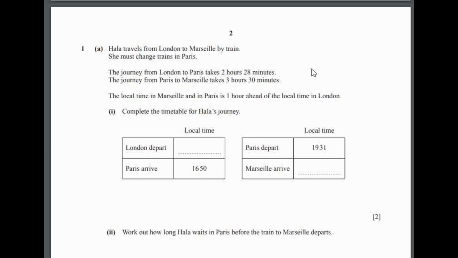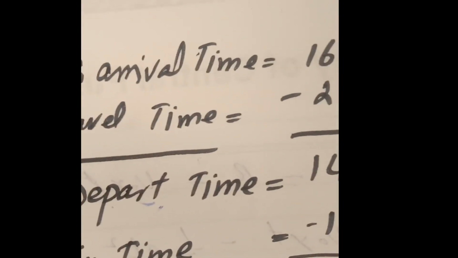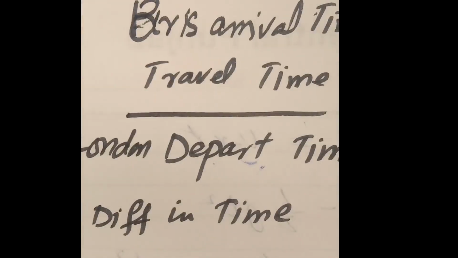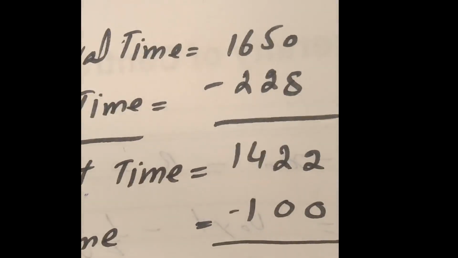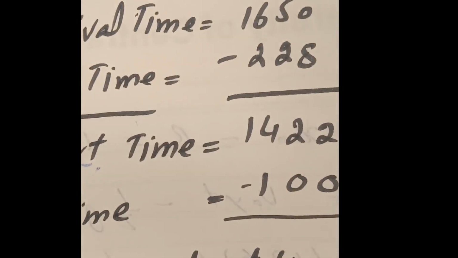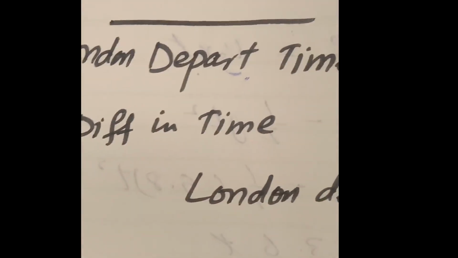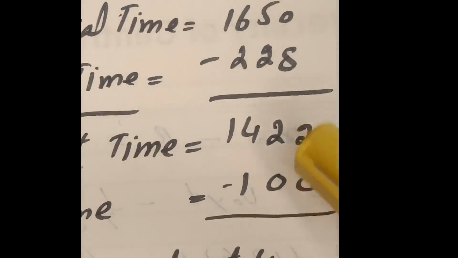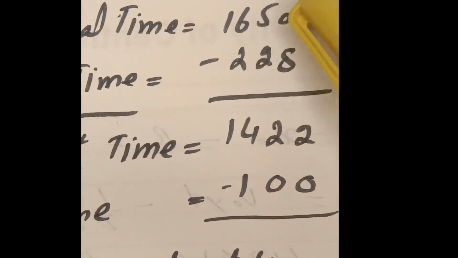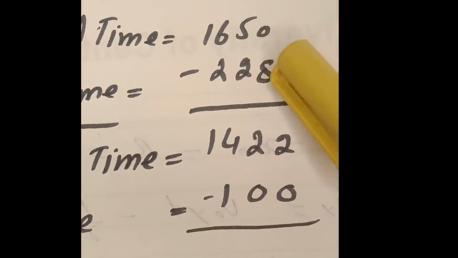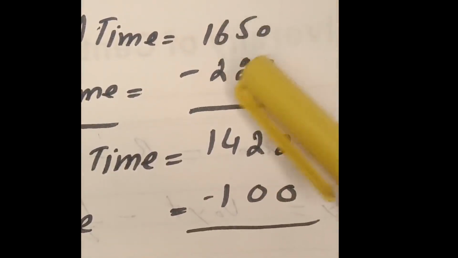So I'll solve it for you. The Paris arrival time is 1650, and the travel time from London to Paris is 2 hours 28 minutes. We subtract 2 hours 28 minutes from 1650. It is easy: 50 minus 28 is 22, and 16 minus 2 is 14.